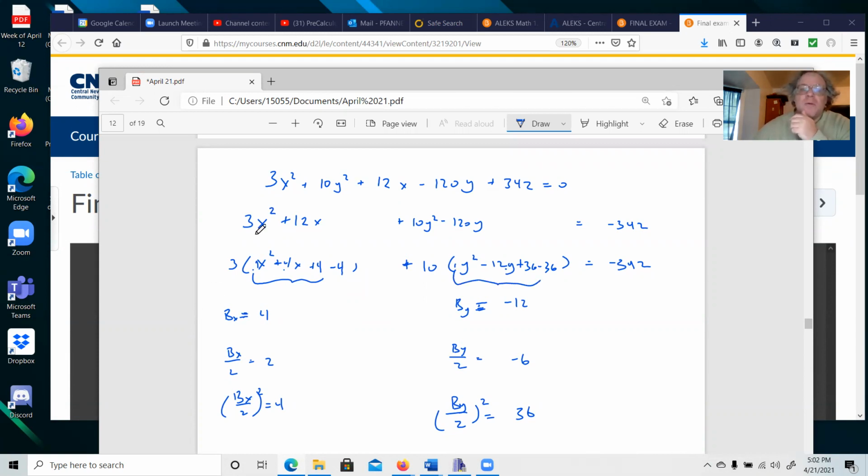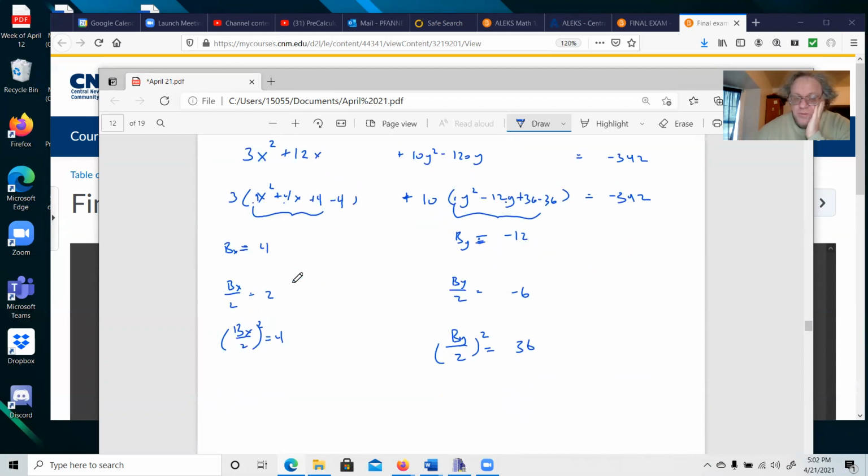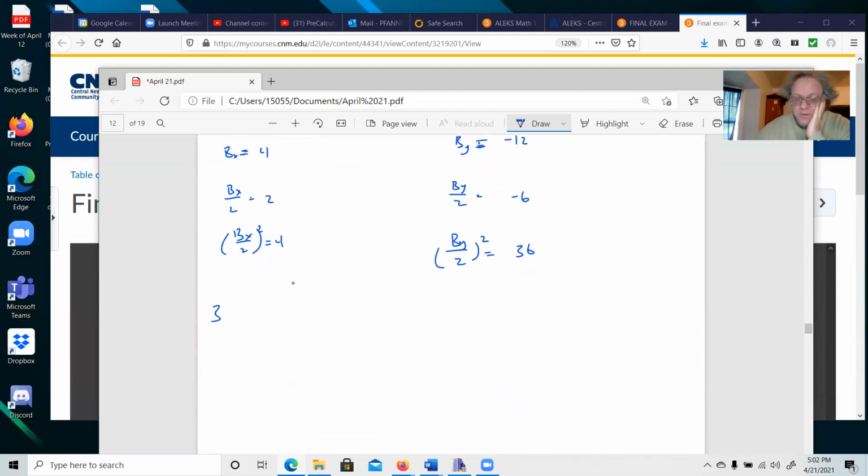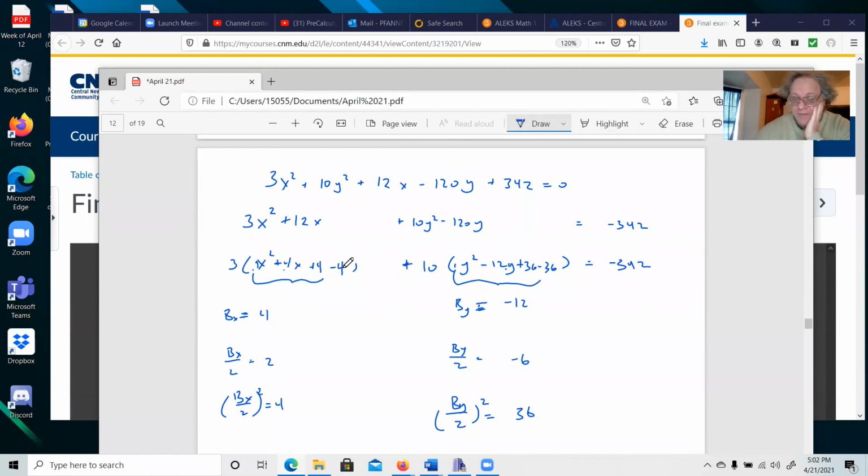Well, it turns out that x squared plus 4x plus 4 is a perfect square by itself in here. And what square is that? So that's going to be 3. Actually, I'm going to go ahead and do the brackets here. So it's going to be 3, we have x plus 2 squared, minus 4, because we still have this.